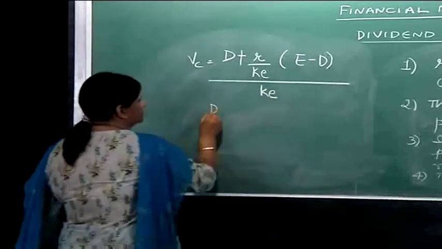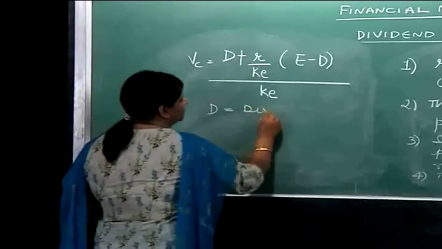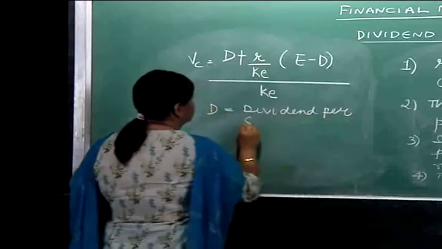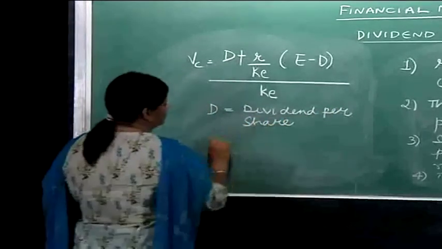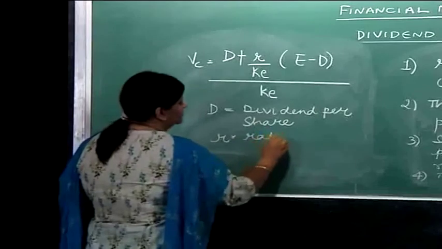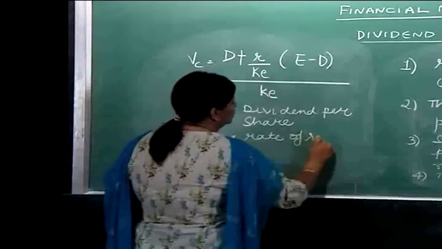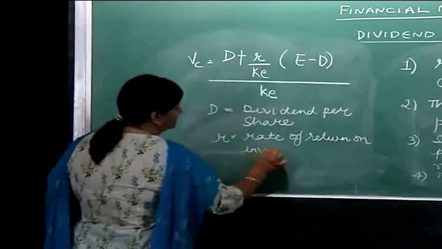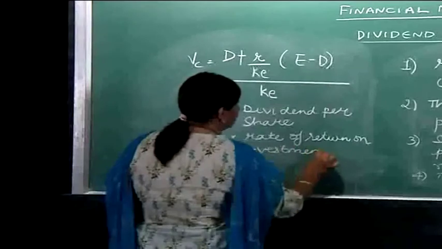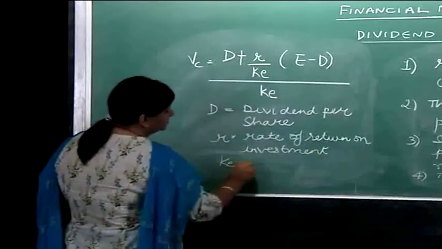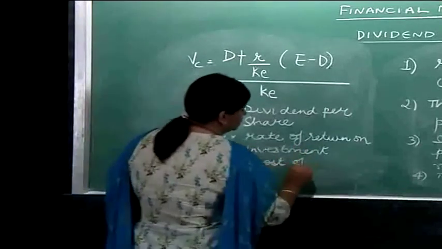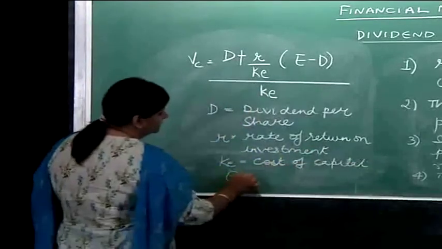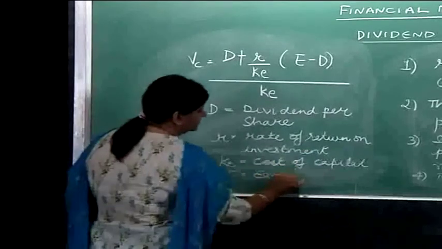Here D means dividend per share, R means rate of return on investment, KE is cost of capital, and E is earnings per share.